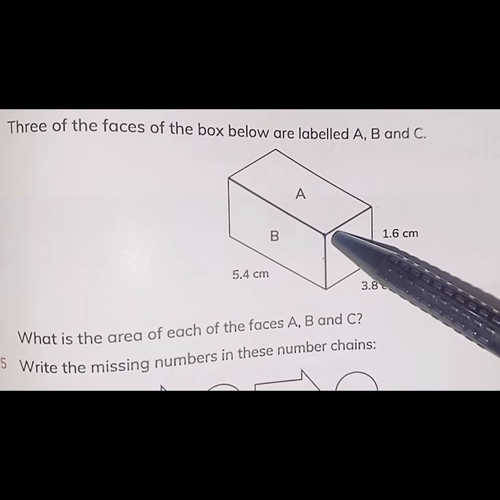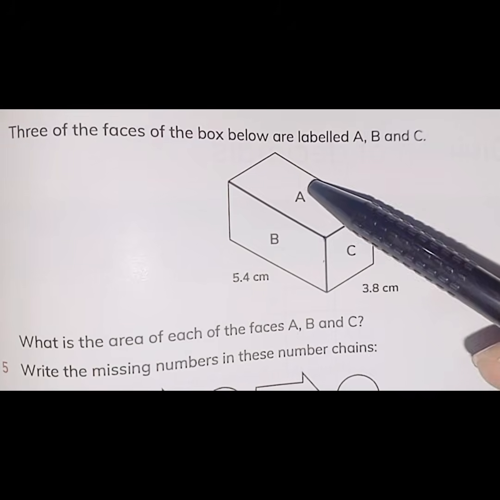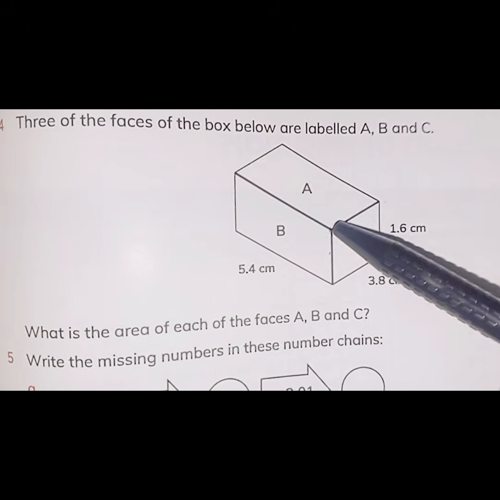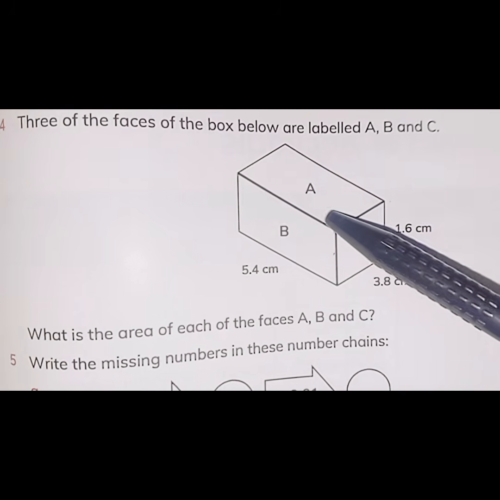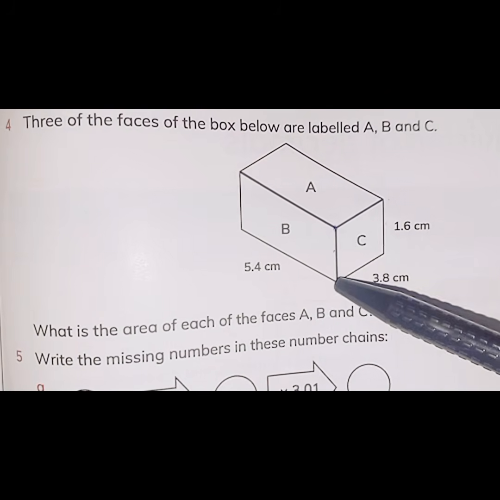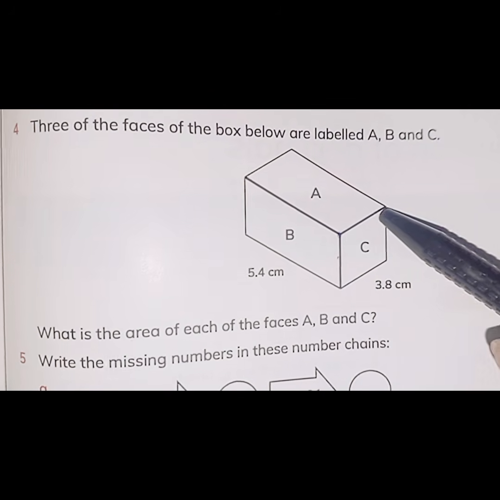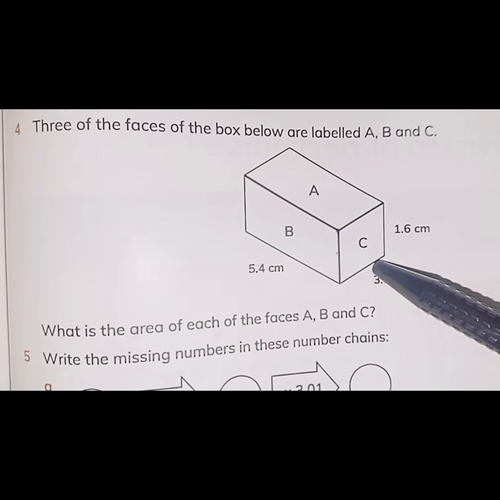This is the width. For face A, this is the length and this is the width. For B, this is the length of face B and this is the width for face B. For C, this is the length of face C and this is the width for face C.